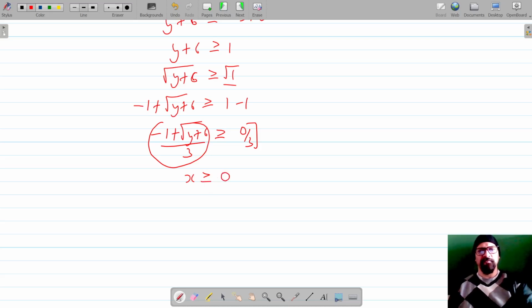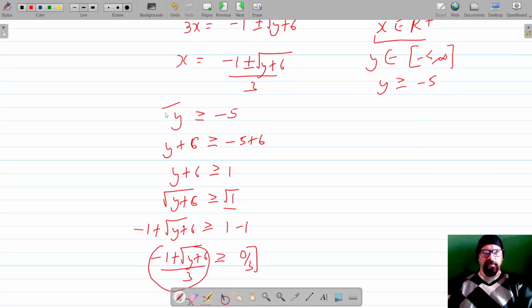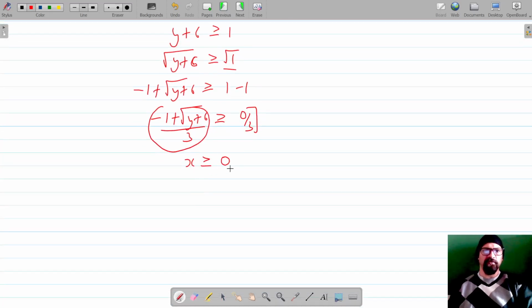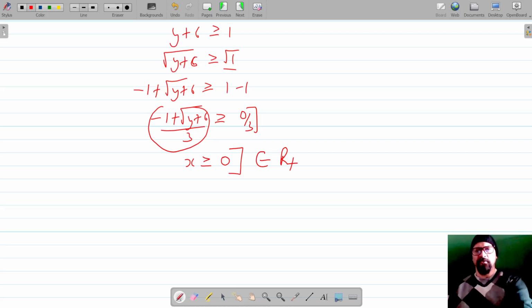So that means for every y that was greater than or equal to minus 5, we have x which is greater than or equal to 0, and this means that x belongs to all non-negative real numbers.